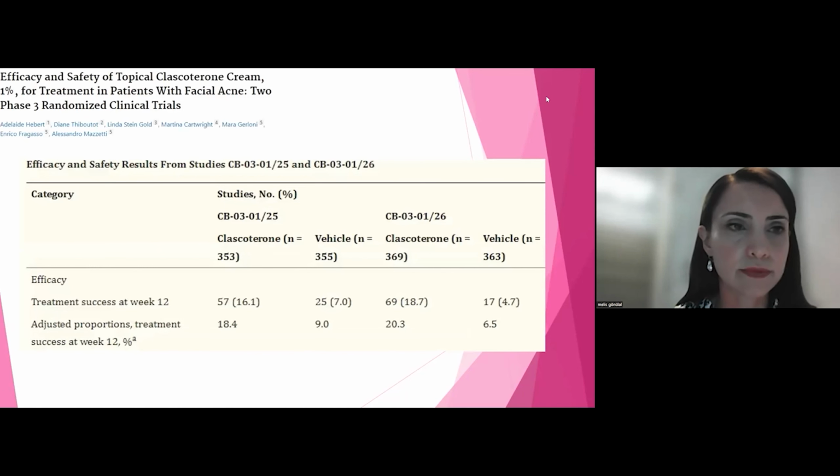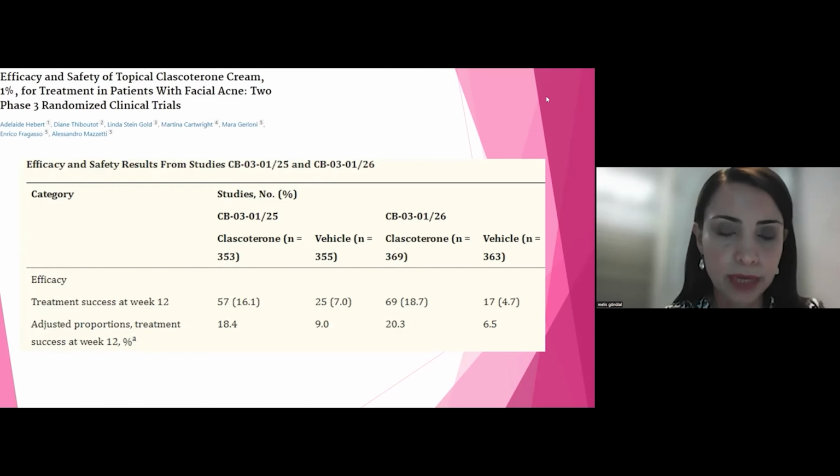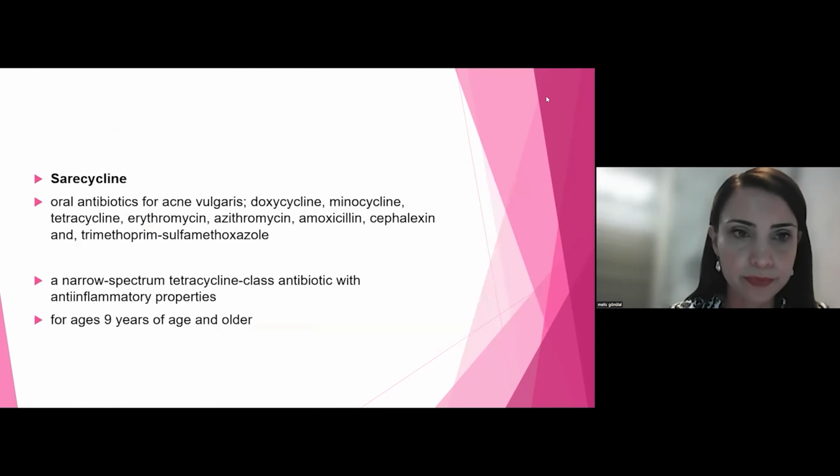And we can see here a phase 3 randomized clinical trial. There are 2 subgroups. At one group, clascoterone with number 353. At week 12, the achievement percent was 16%, and at group 2, the achievement percent was 18% at week 12.